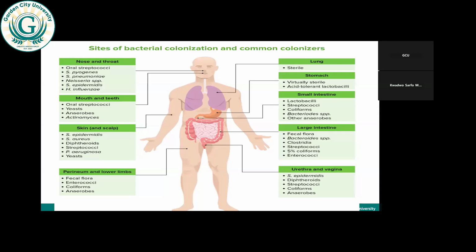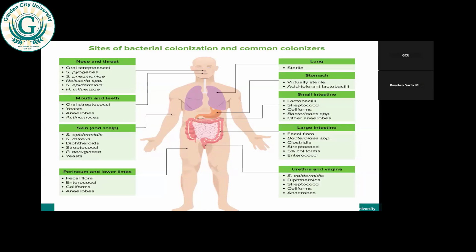But the problem is if you are collecting specimen, blood specimen from these sites and you don't clean well, you don't disinfect the sites, you may end up contaminating the blood sample or the specimen with these normal flora. Then you have perineum in the lower limbs having these fecal flora, the coliforms, and in the lungs, you don't expect any microorganism there.